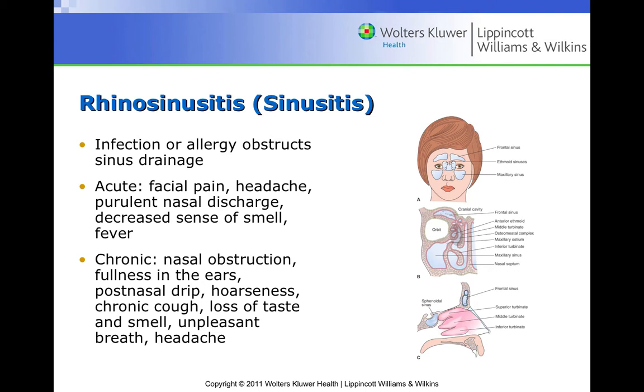When you have a chronic sinusitis, there's a postnasal drip and an impairment of taste and smell with a chronic cough and fullness or plugging of the ears. Again, this is intended to be self-limiting, at 5 to 7 days.